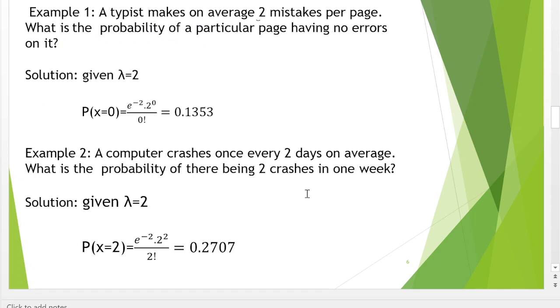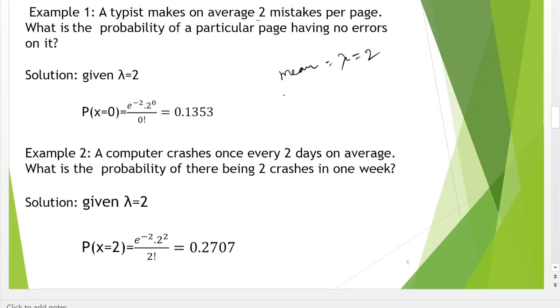For example, here a typist makes on average 2 mistakes per page. What is the probability of a particular page having no errors on it? The mean of the Poisson distribution is lambda. Here the lambda is 2 mistakes per page.